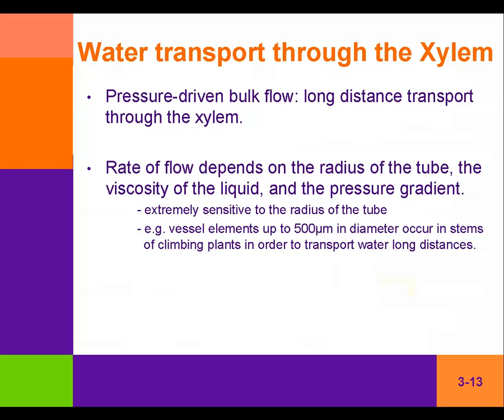So, as leaves are removing water from the system, there's a pull on the water in the xylem tissue, and that pull makes the hydrostatic pressure drop in the xylem cells, makes it more negative, and that makes the water potential more negative, and that's what allows there to be a gradient from the root zone into the xylem.